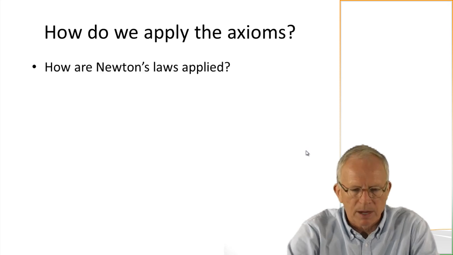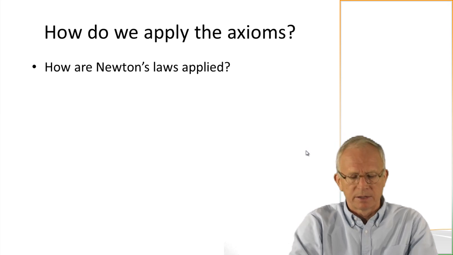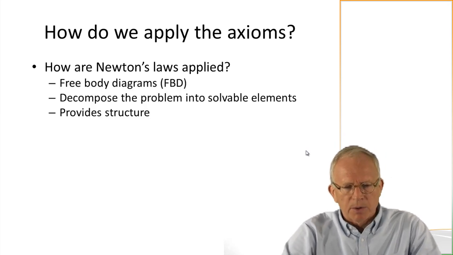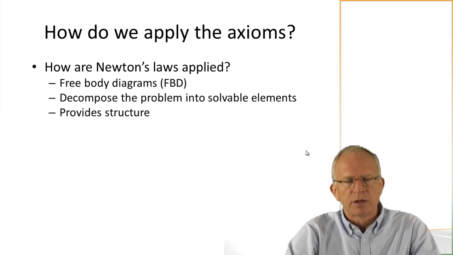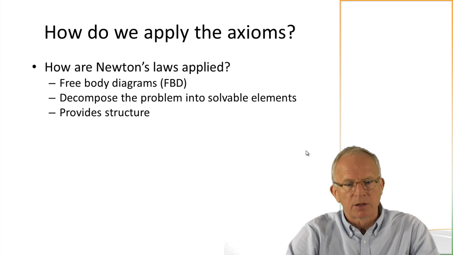So how do we apply the axioms? Well, how are Newton's laws applied? We can use this as a parallel. So Newton's laws, in order to apply these, we often use free body diagrams for Newtonian mechanics. And so what we do when we do that is we decompose the problem into solvable elements.